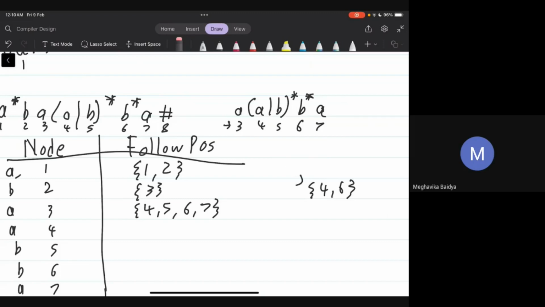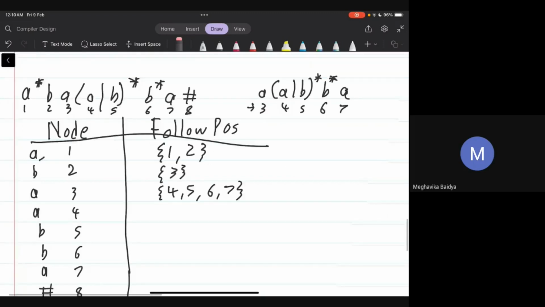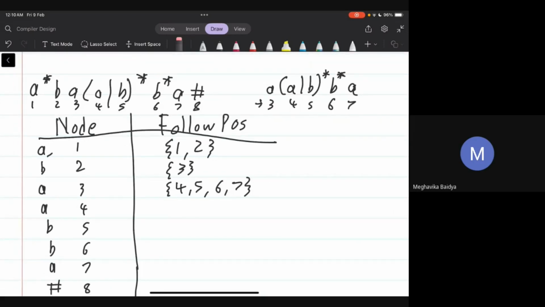You explained it so nicely, thank you. And then for the fourth one, let's take this one. For 4, 4 can be followed by 4 itself because there's a star. But 4 can be followed by 5 as well. How? Look, A or B, the whole star.